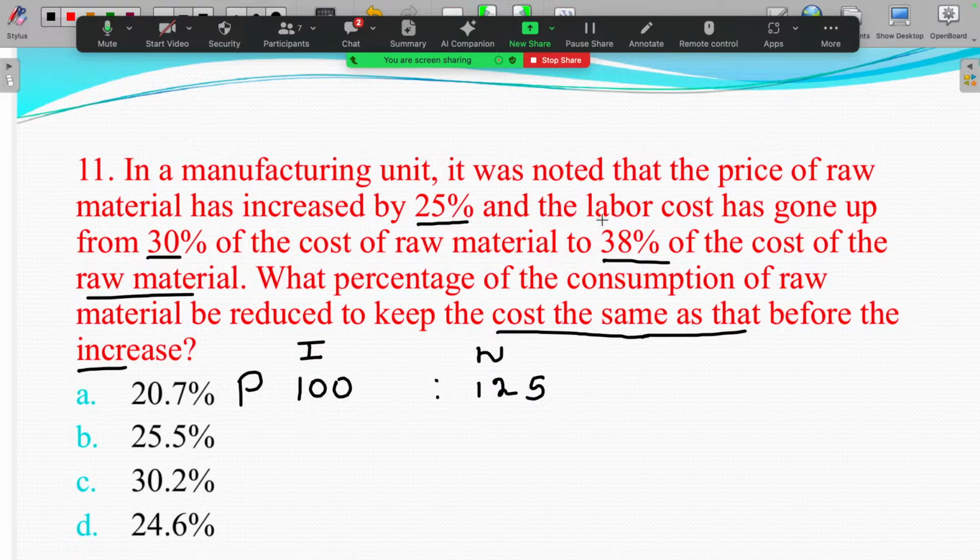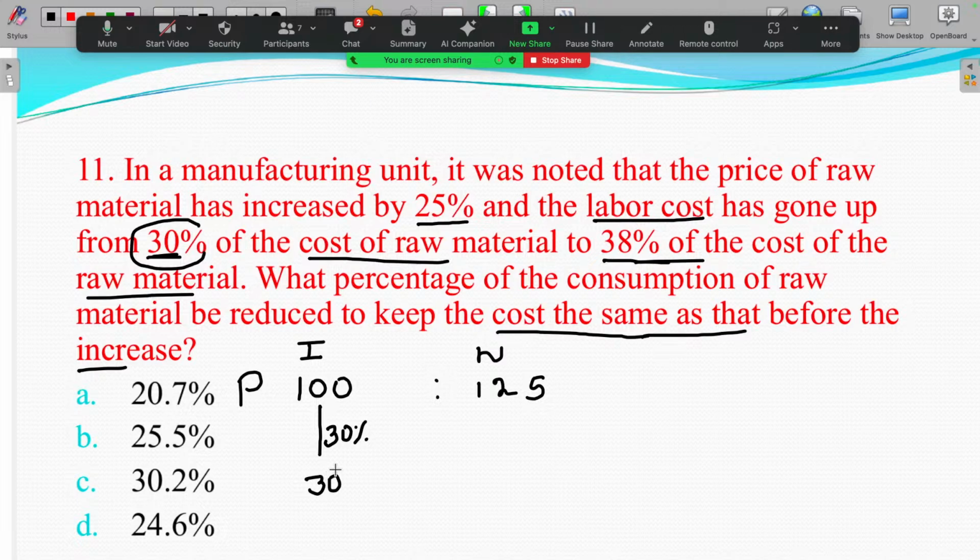Next, what are they talking about? Labor cost. Labor cost has gone up from 30 percent of the cost of raw material to 38 percent of the cost of raw material. Initially the labor cost is 30 percent of the cost of raw material, 30 percent of 100, which is 30 rupees.